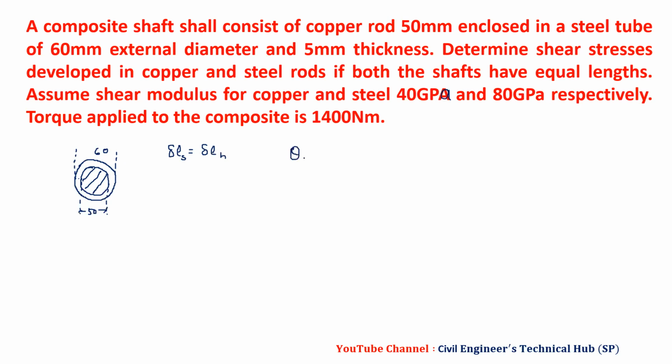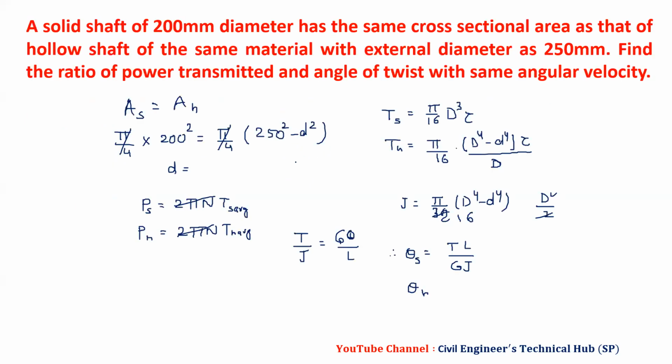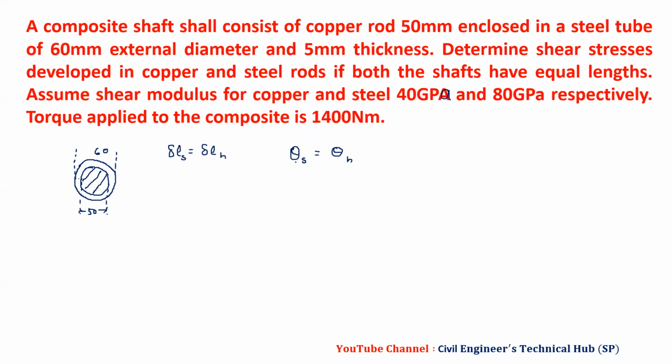the deformation is theta here. So theta s is equal to theta hollow. And just as we have seen, the formula for theta is TL upon GJ. We put that here: TL upon GJ for solid and TL upon GJ for hollow. L is the same, so it gets cancelled.